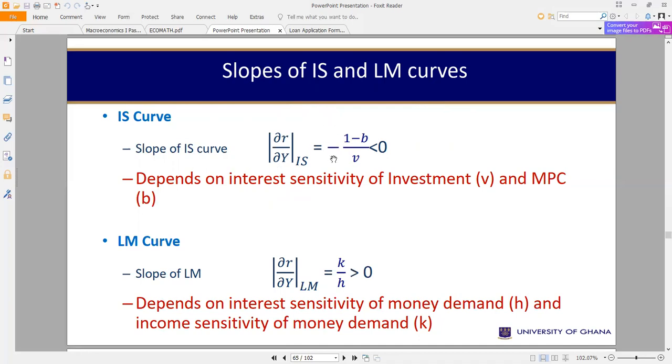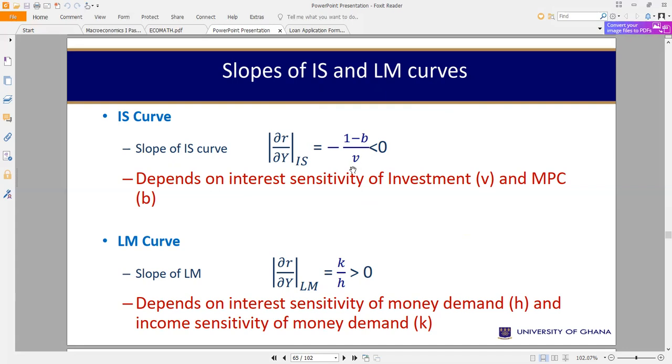So you need to know the variables that actually affect the slope of the IS. So we know the interest sensitivity of investment and then the MPC. You don't have to memorize them, you just have to look at these ones. Okay, this is the slope, minus (1 minus B) over V. So you know that B affects the slope, V also affects the slope.